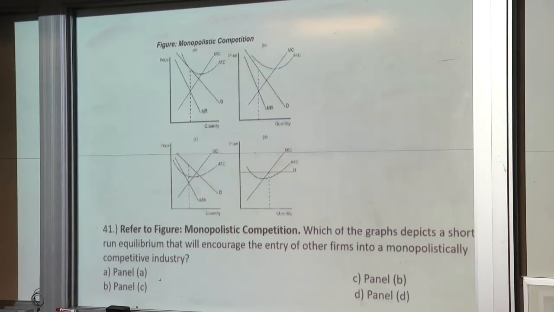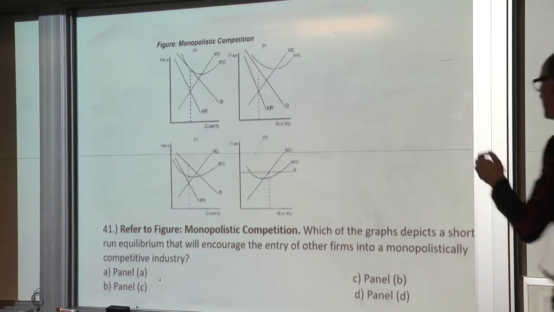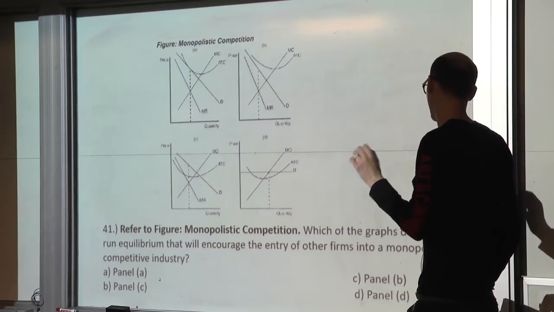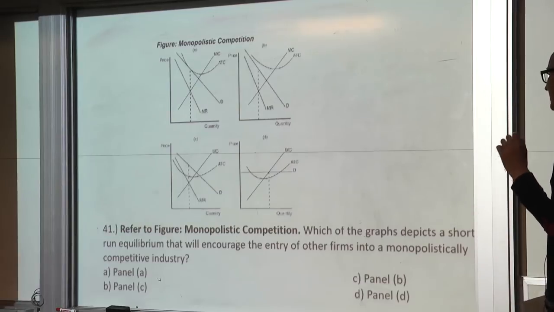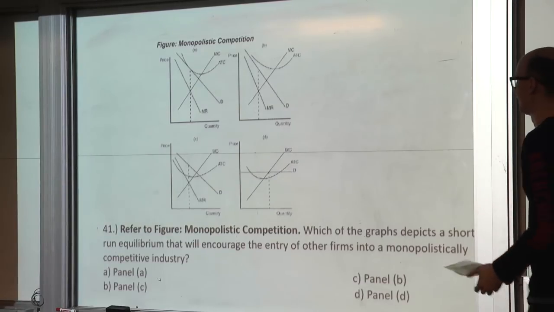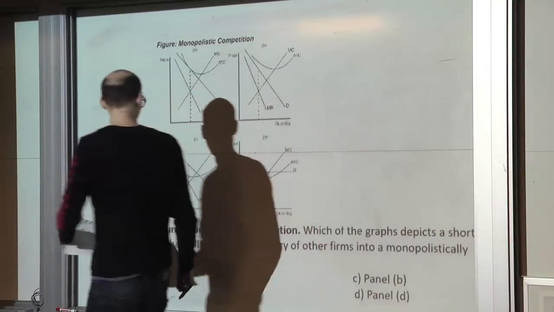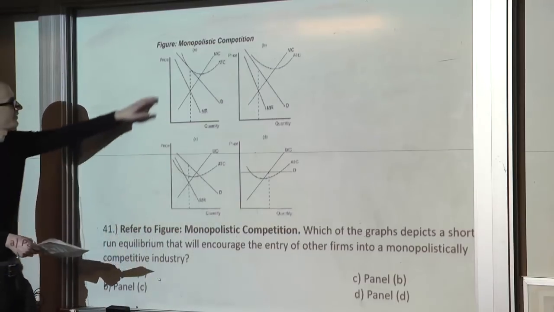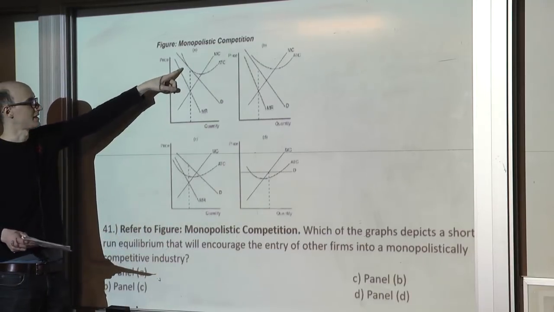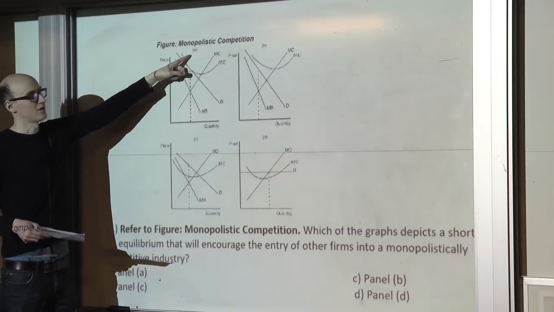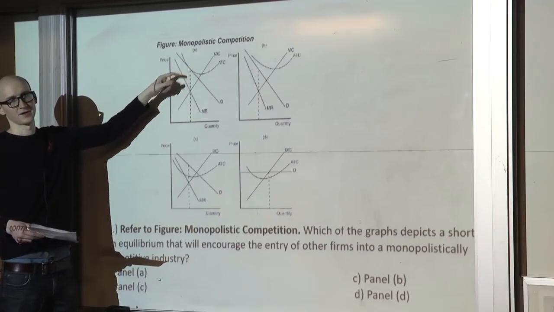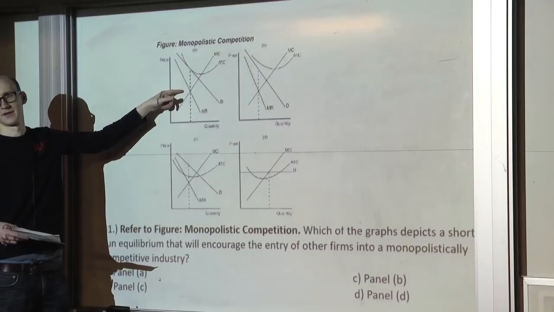Final question. So this is explicit that we're referring to monopolistic competition, and it asks which of these graphs depicts a short-run equilibrium that will encourage the entry of other firms into a monopolistically competitive industry. So if it's going to attract people into the industry, that means that the price has to be higher than average total cost or lower than average total cost?